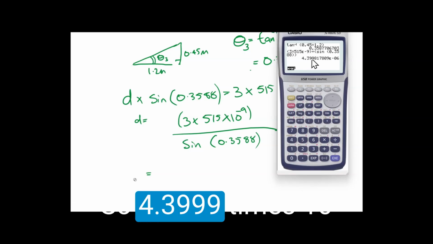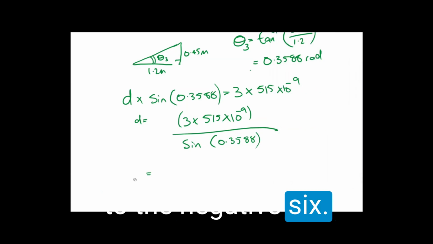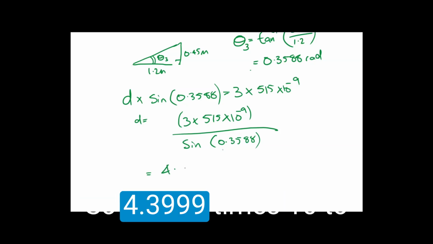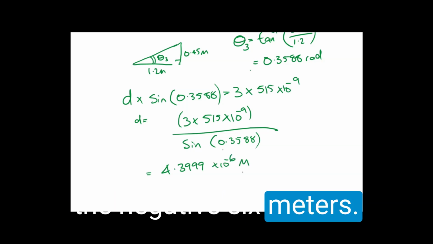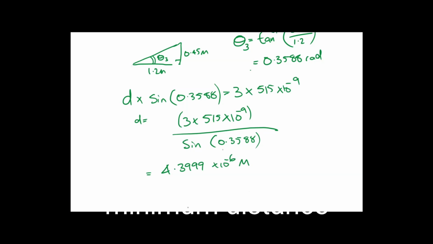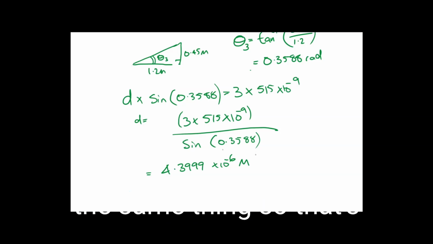So 4.3999 times 10 to the negative 6. So 4.3999 times 10 to the negative 6 meters. So that's the minimum distance between these slits. And now we do exactly the same thing. So that's our minimum value.